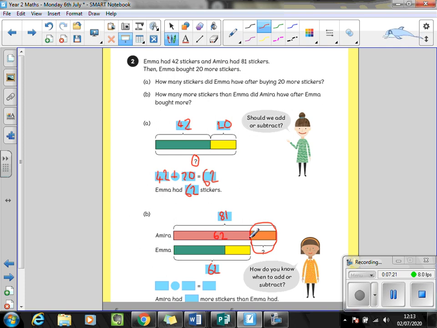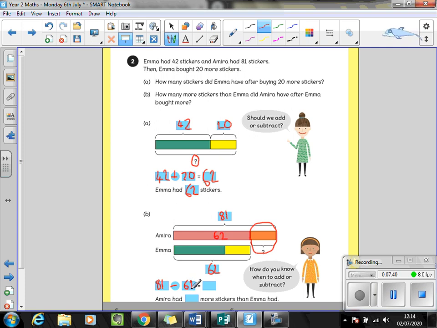So the calculation we should be writing is 81, because Amira has 81 stickers and we're finding the difference between the two. Take away the 62 that Emma has to give us the remainder.